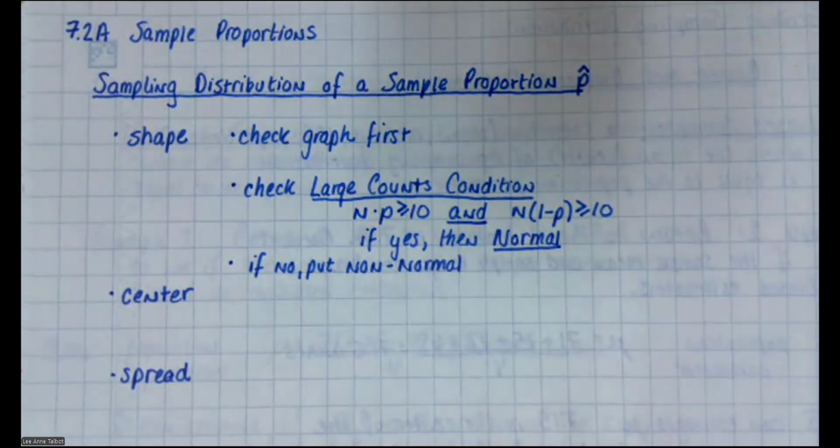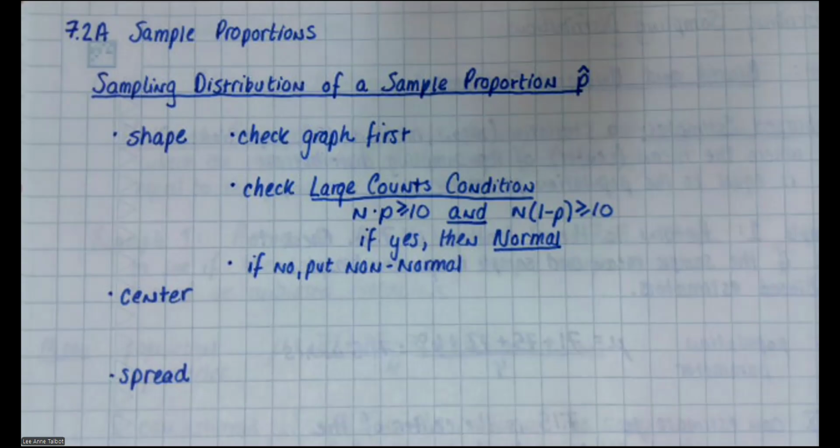And if it's no, and you don't have a graph, put not normal, because you don't know what shape it is. All you know is it's something else. Does that make sense? Okay, so you check the graph. Sometimes you can tell it's really skewed. Sometimes you can tell exactly what it is. Check the large counts condition to see if it's normal. If yes, say normal. If no, say not normal because you don't know what it is.